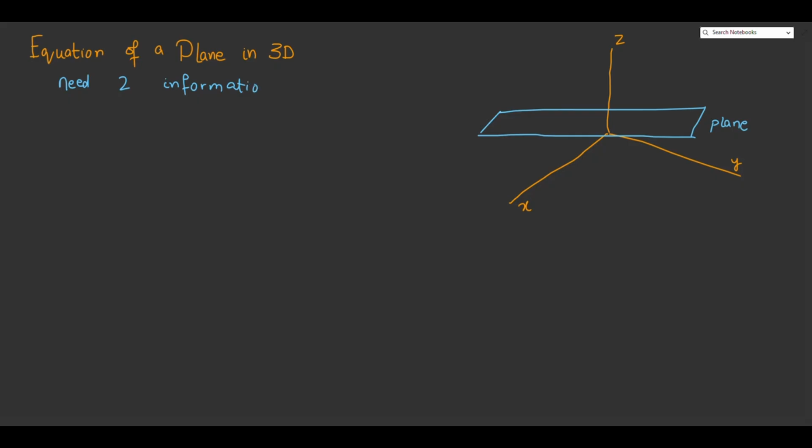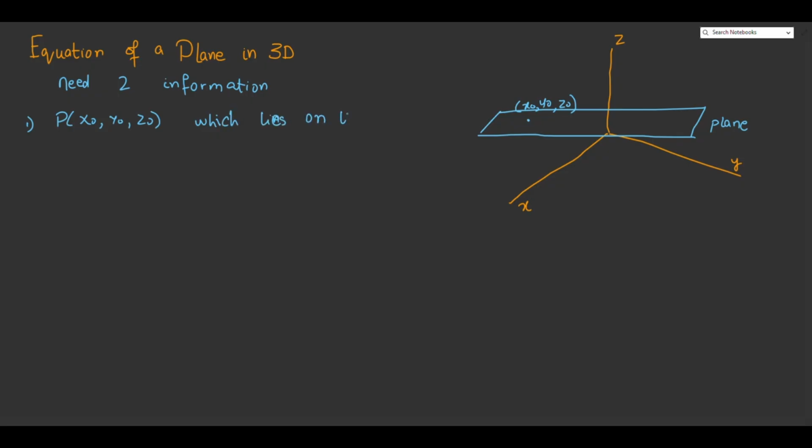The first thing you need to know is a point which lies on the plane. Suppose that there is a point x0, y0, z0 which lies on this plane.